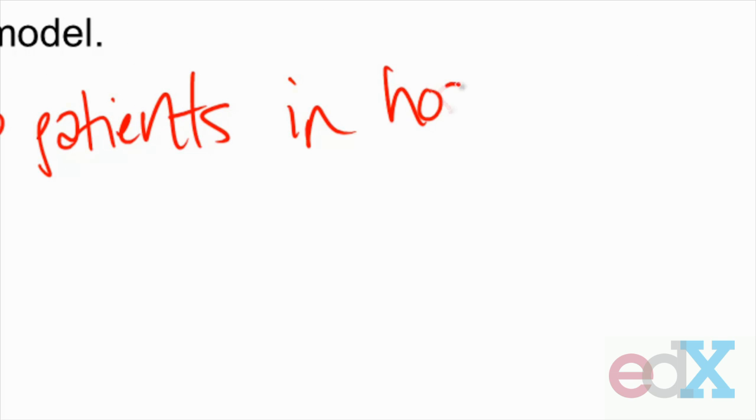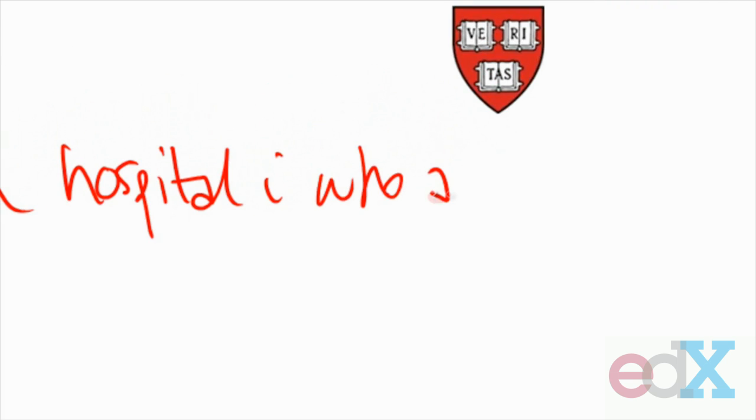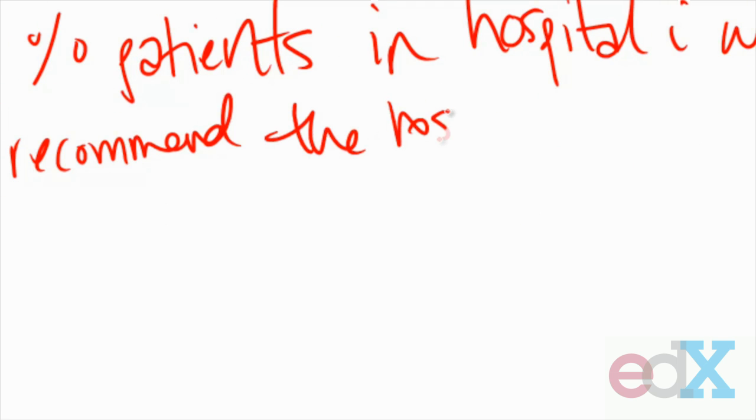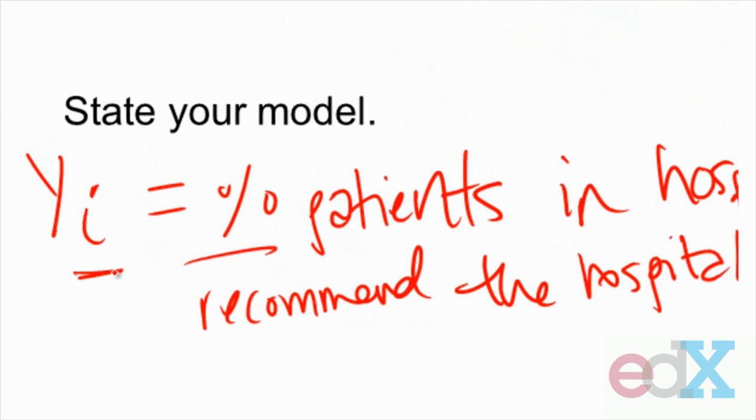First thing I want to do is try to articulately state the model that I'm going to be fitting. So I'm going to define some notation first. Our outcome is yi. And it's defined as the percent of patients in hospital i who would always recommend this hospital. I'm just indexing it by i so that we can keep track of the hospitals.